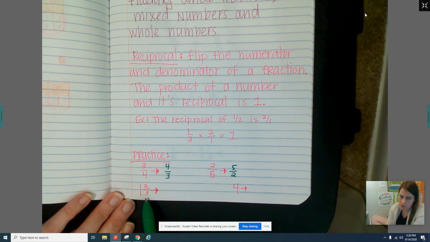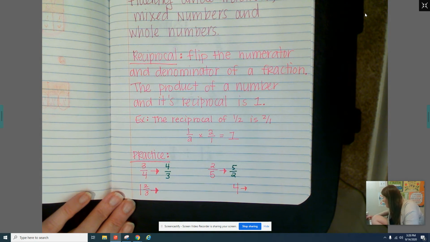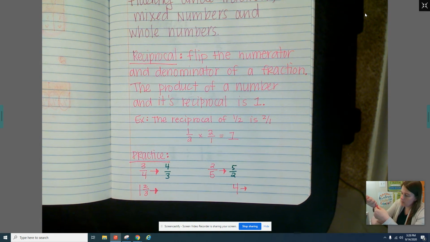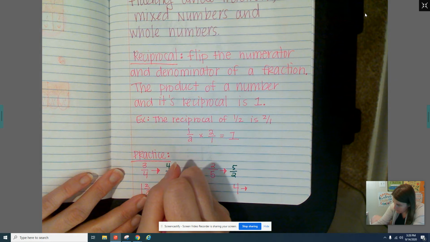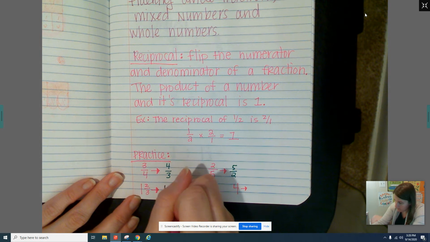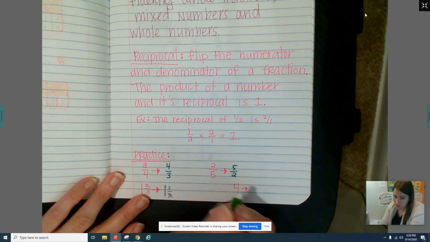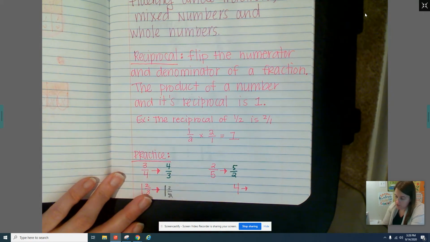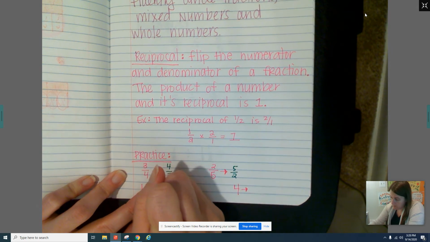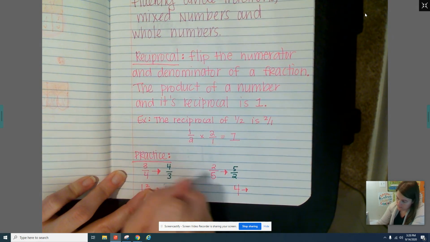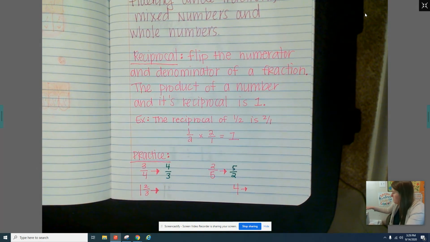Now, when you get into mixed numbers, a common mistake that I've had kids make in the past is that they keep the whole number and then they just flip the fraction. That won't work, unfortunately, okay? You can't just flip the fraction and then say it's the reciprocal. It doesn't work. I bet you know what you have to do.